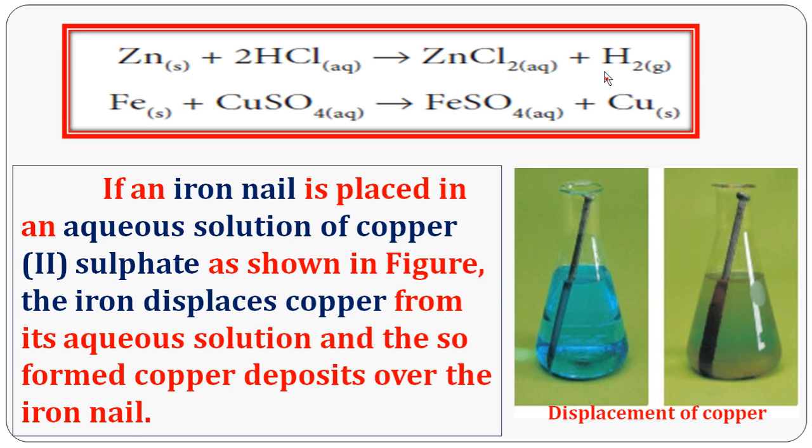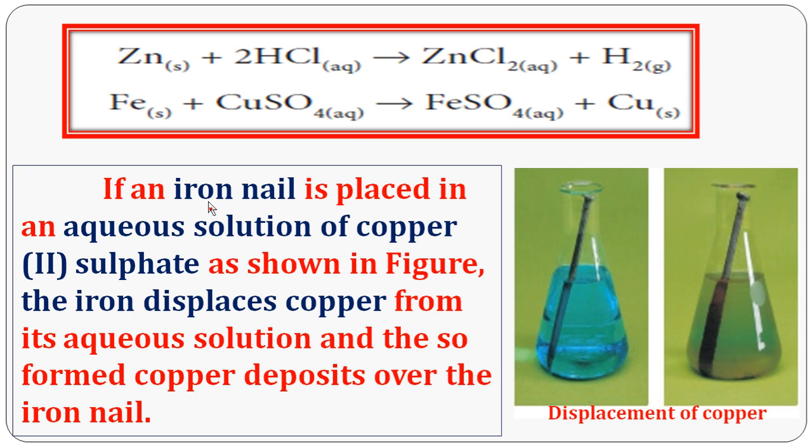In this reaction, zinc metal is more reactive than hydrogen. The second equation, iron, Fe, combines with copper sulfate to form ferrous sulfate and copper. Here, which is more reactive? Iron, Fe, is more reactive than copper.